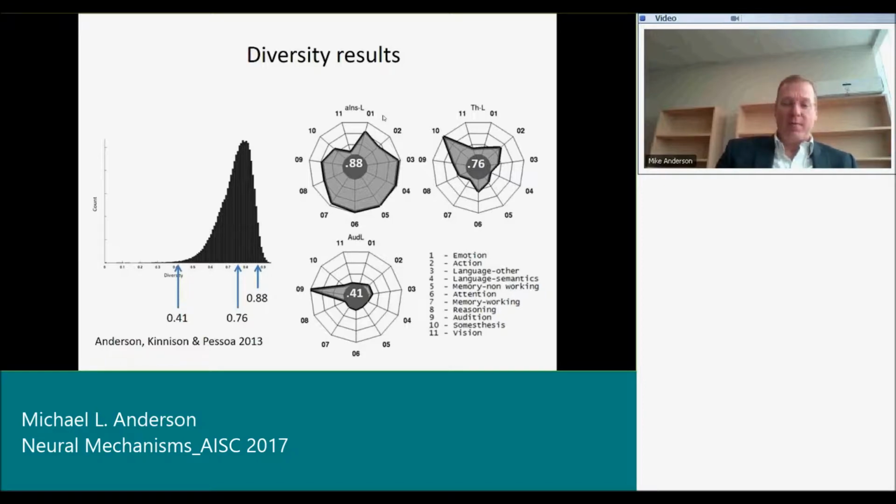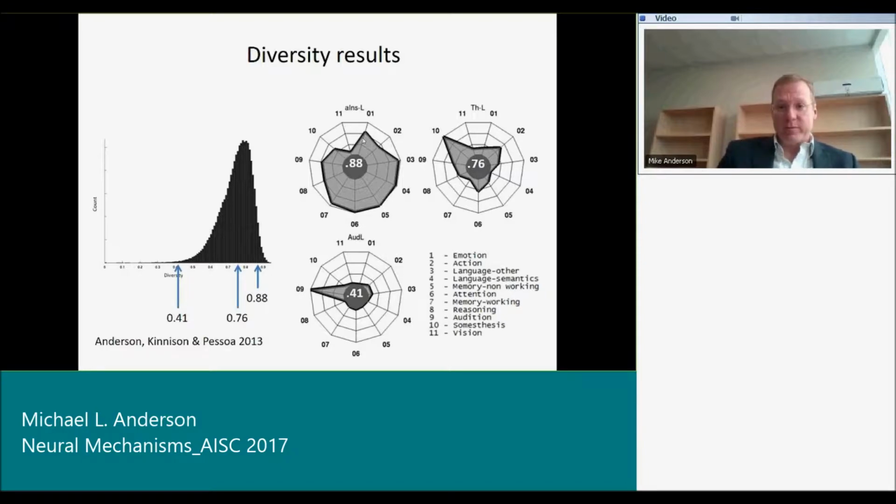And it just turns out, and I won't go into the empirical details here, that most regions of the brain are highly functionally diverse. So the anterior insula here, this one, the 0.88 one, is an especially diverse region. And as you can see from the spider plot here, this particular study used 11 different cognitive categories, cognitive functions, but it's active in literally every single one to some degree or another.